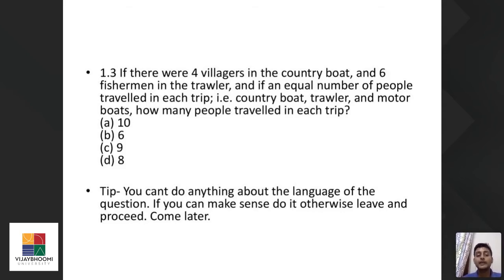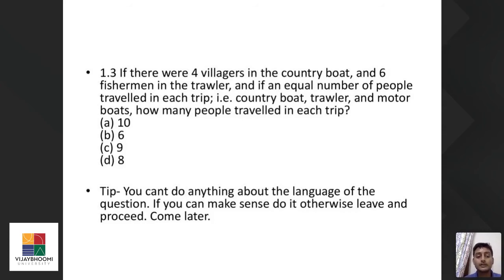If you get an answer that lies in the options, then you can most probably go for that option. But if you don't get the question, don't spend too much time on it. Try the next question. Maybe the next question will help you, because it's a set of questions, right? So let's say there are five questions. Maybe the fifth question will help you understand what the fourth question wanted you to answer.